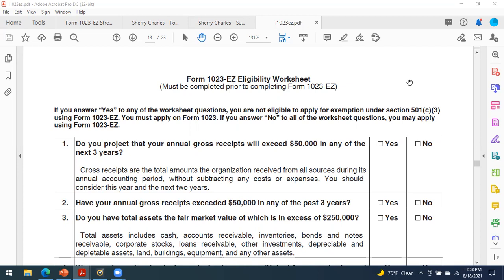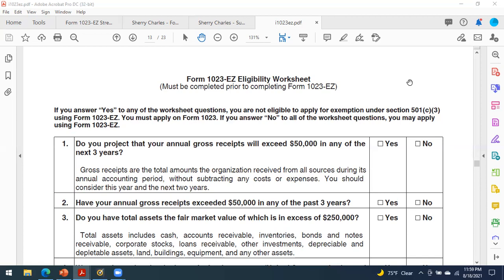So let's look at the first question. Number 1, do you project that your annual gross receipts will exceed $50,000 in any of the next 3 years?